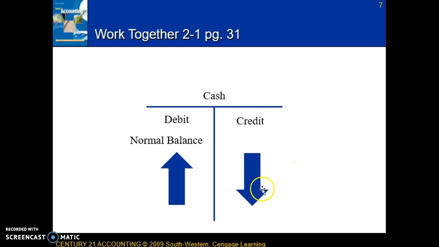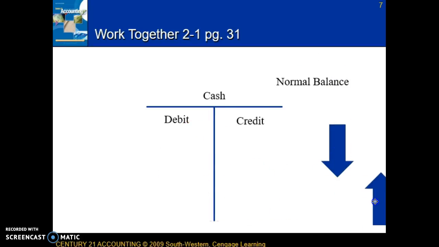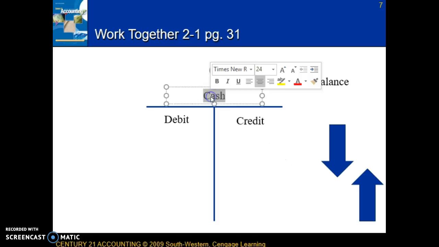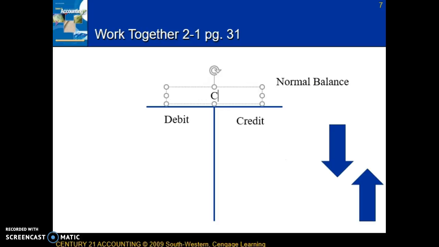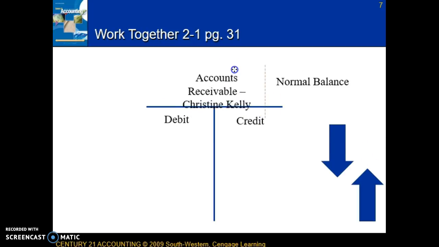Alright, our next account is accounts receivable, Christine Kelly. Go ahead on top of your T account and put in accounts receivable, and you should get in the practice of writing the full account title on top. Don't abbreviate yet.